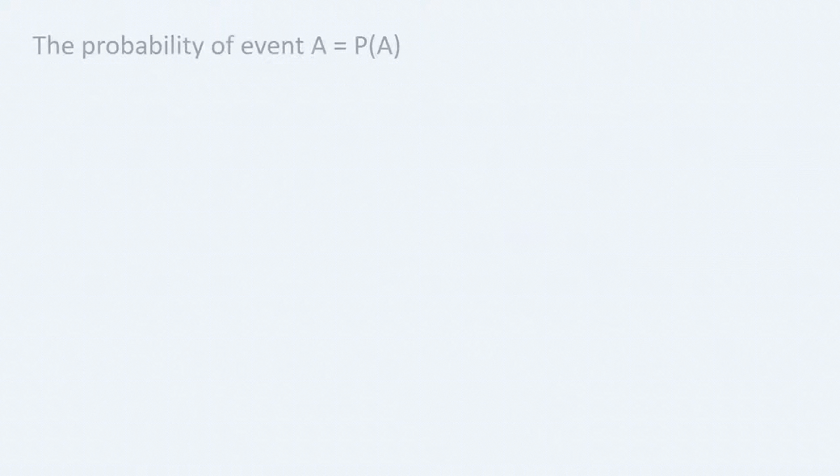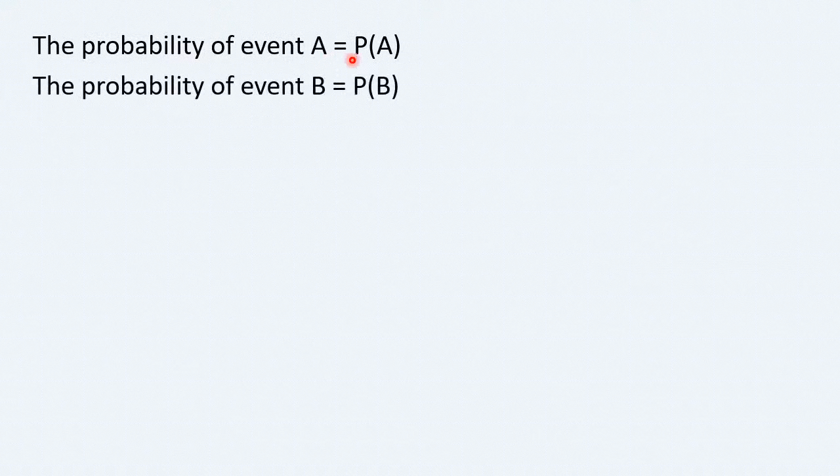To sum up, the probability of event A, we call this P of A, and the probability of event B, we call this P of B. An event is simply getting a head or getting a tail on flipping a coin, or getting any specific number while throwing a die.